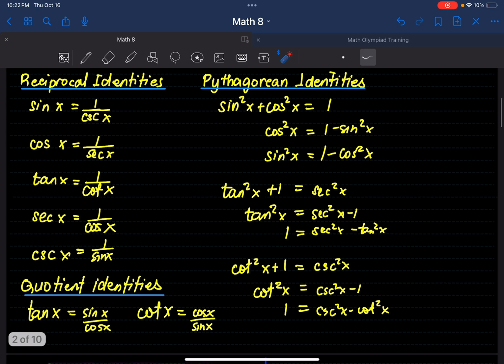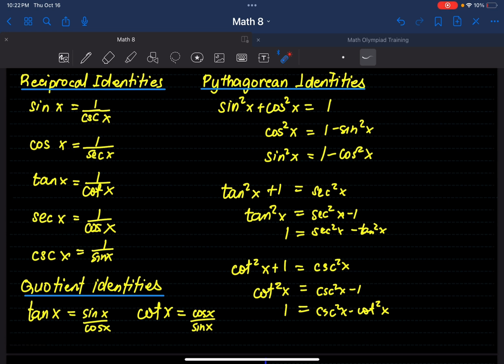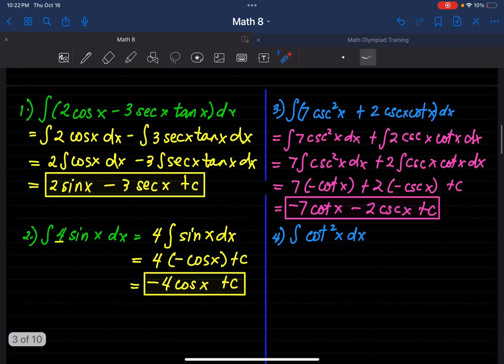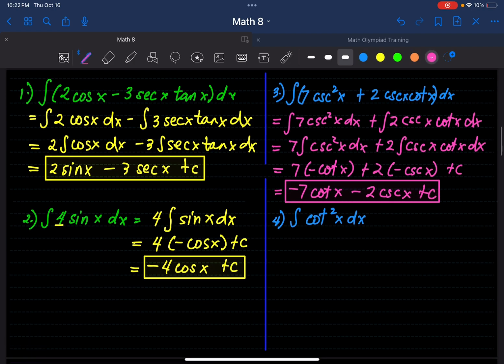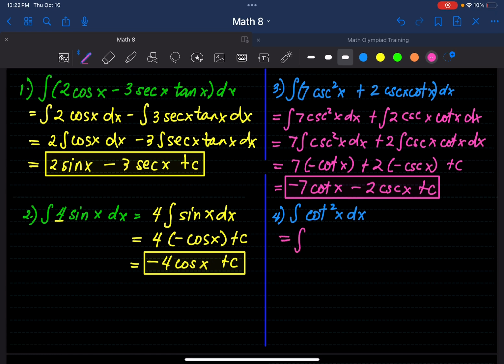The equivalent of cotangent squared x is cosecant squared x minus 1. So for number 4, we are going to substitute the cotangent squared by cosecant squared x minus 1 with respect to x.